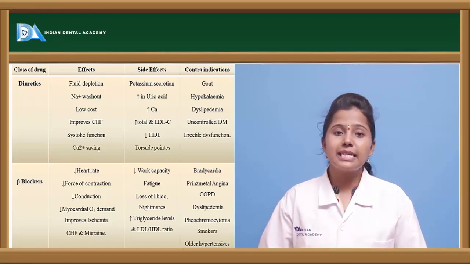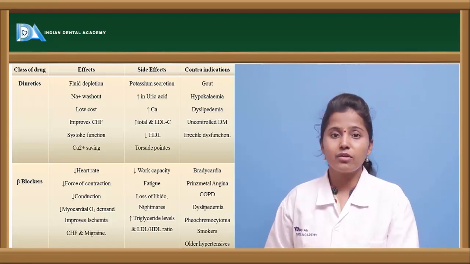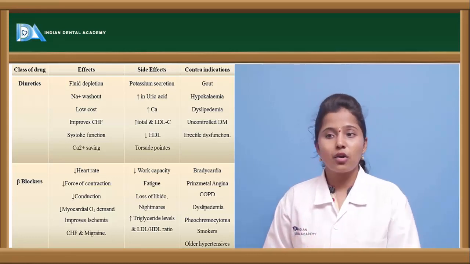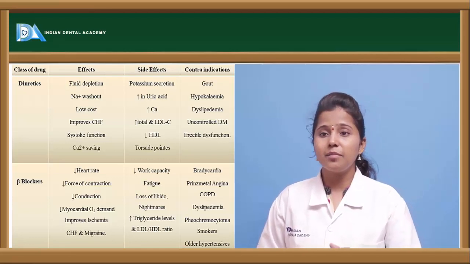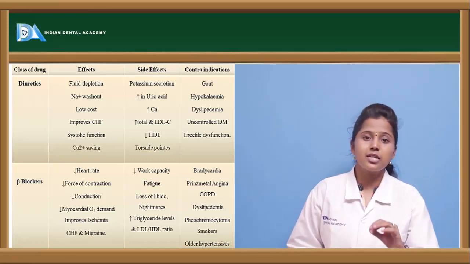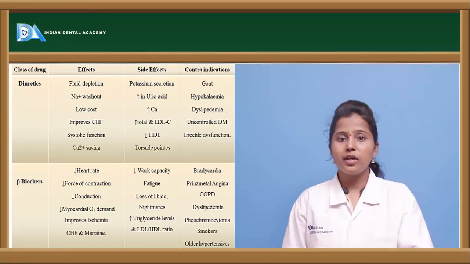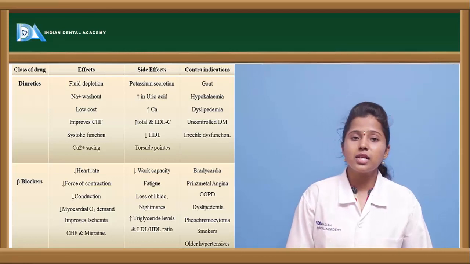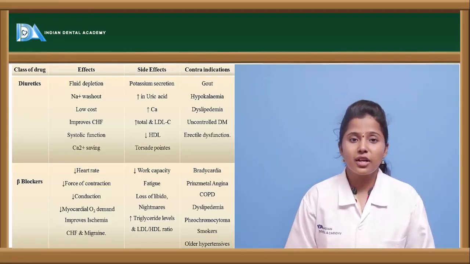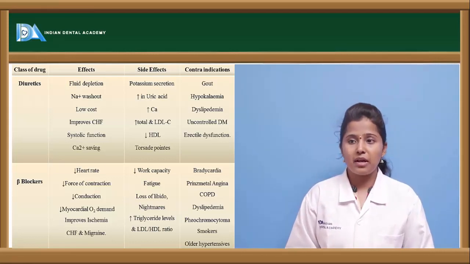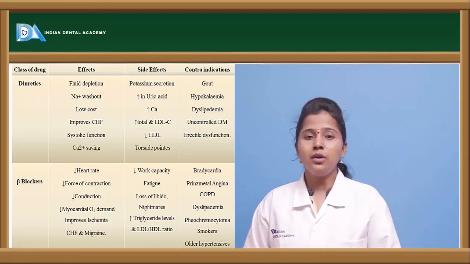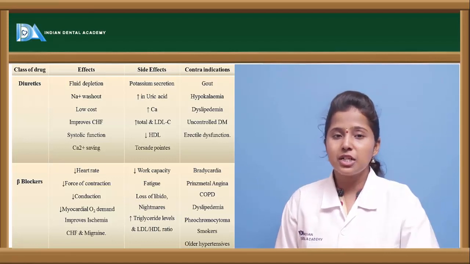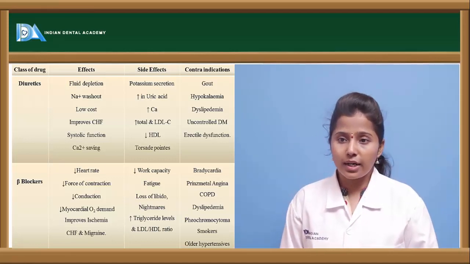When diuretics are given in gout, there will be an increase in uric acid, which gets deposited in the synovial fluid and potentiates the gout. Also in hypokalemia, dyslipidemia, uncontrolled diabetes mellitus and erectile dysfunction, diuretics should be contraindicated.